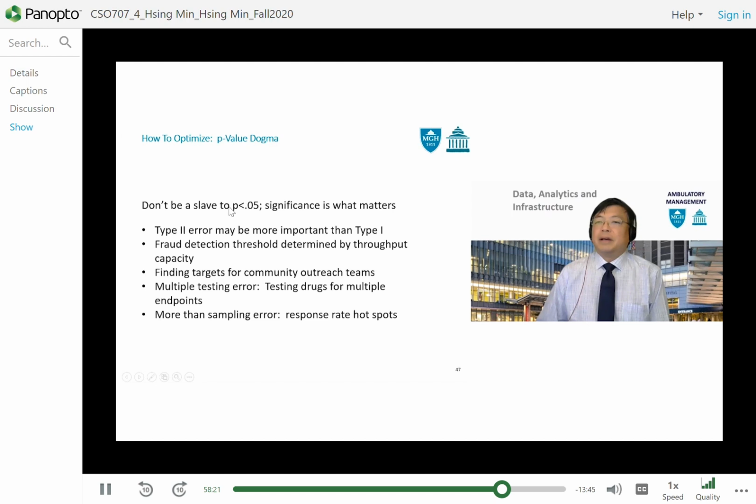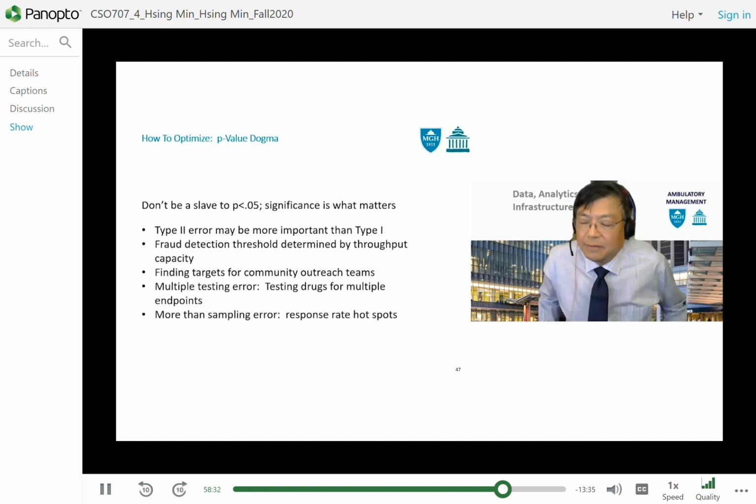Another reason p-value is often misleading is multiple testing happens a lot. Multiple testing error is when you take several shots at finding success. If you're looking for 95% confidence and you take 5,000 shots at success, yes, 5% of those on average are going to come out positive. You're going to find something.